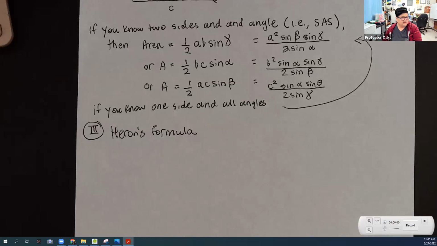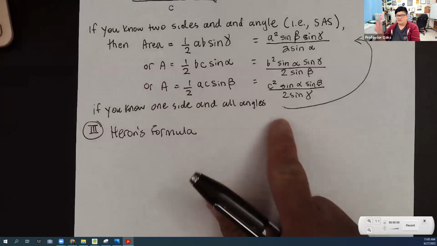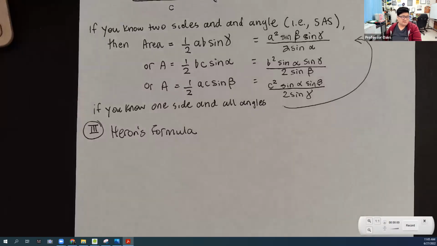That specifically, right? If you know the three side lengths but no angles.